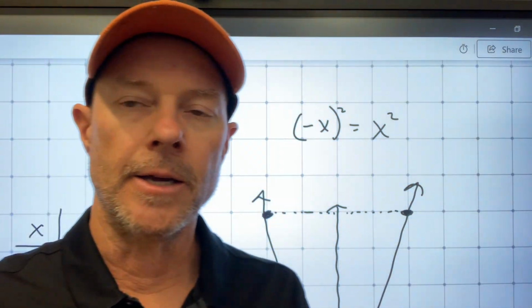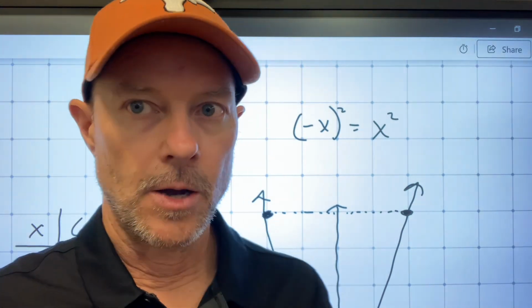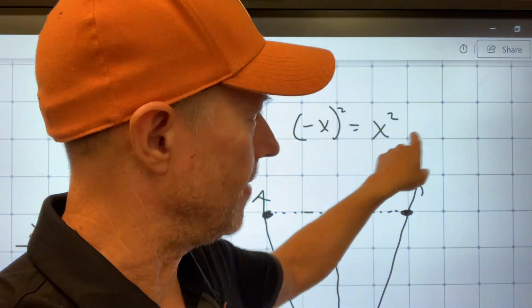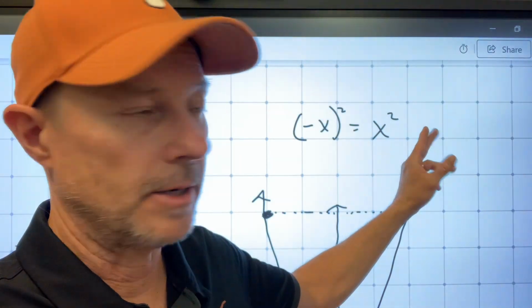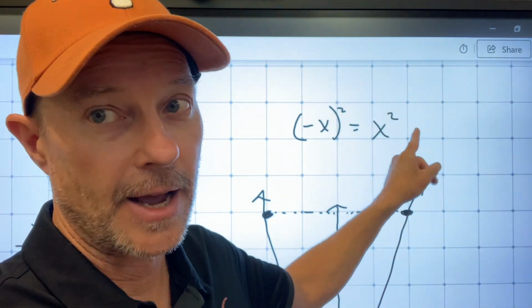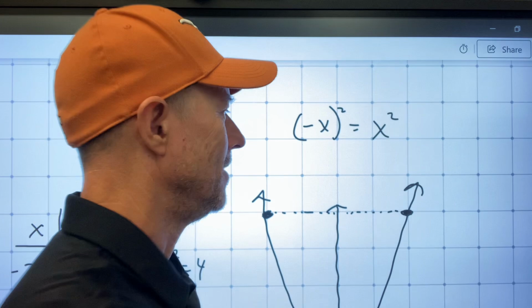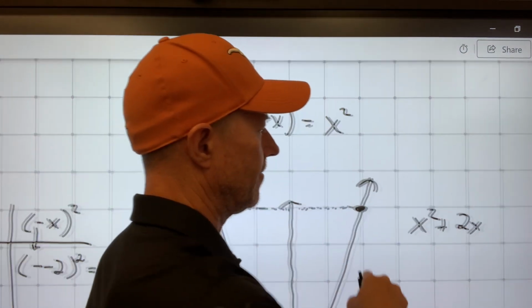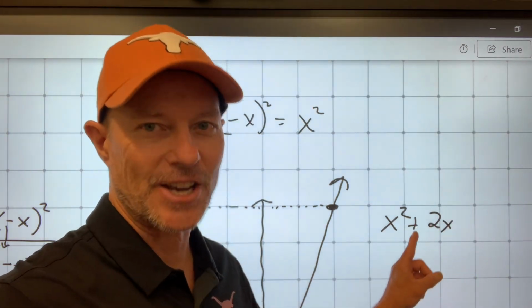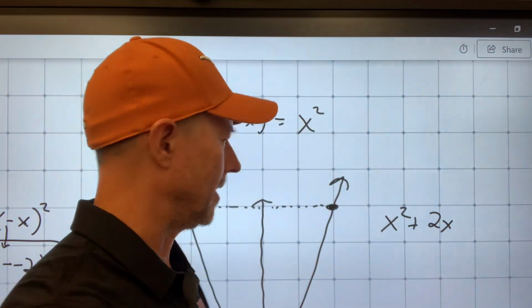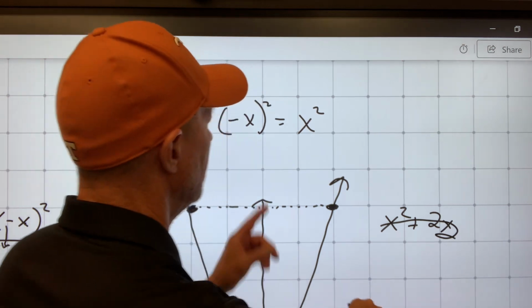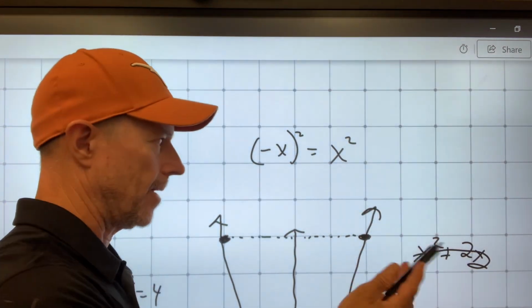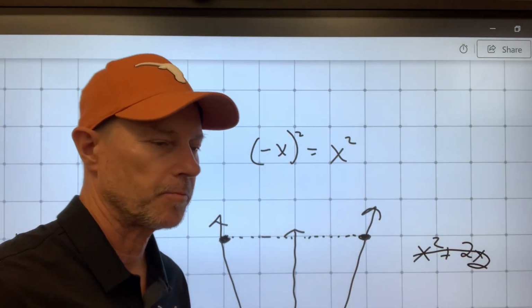So the quadratic that doesn't have a linear term. If I had a +2x here, this is not even, because if I put a negative here, it changes it. This would become a -2. So that's not even. But this quadratic, the parent quadratic, is an even function.